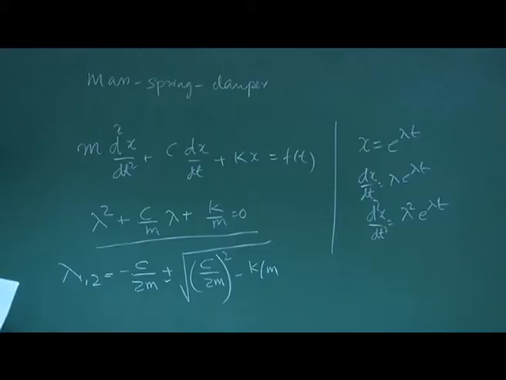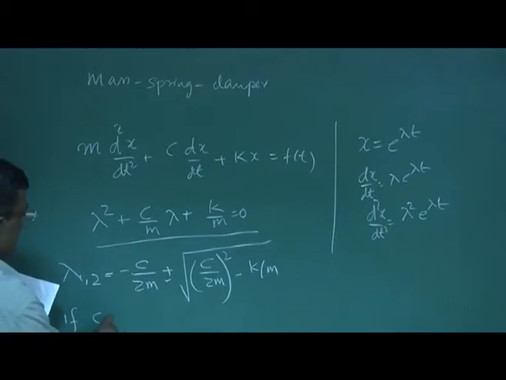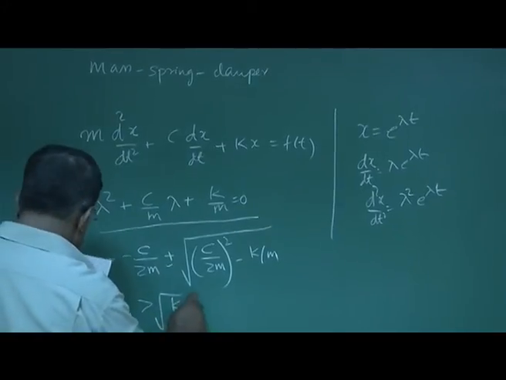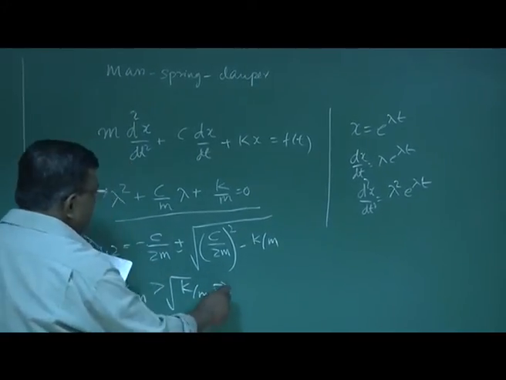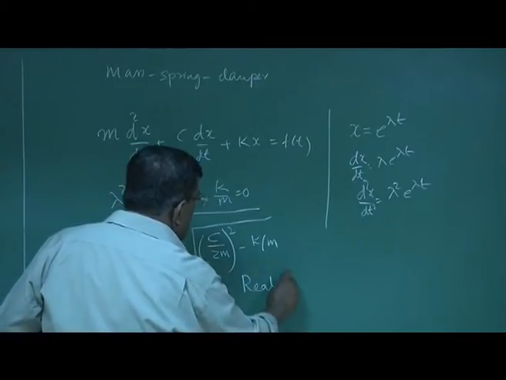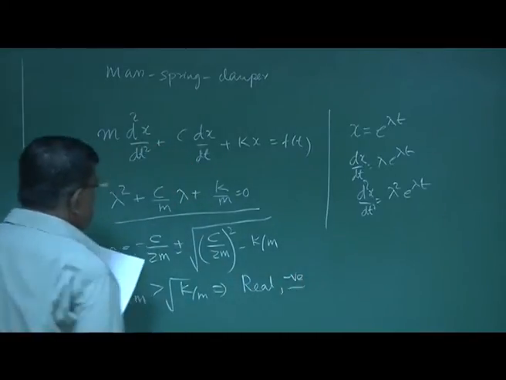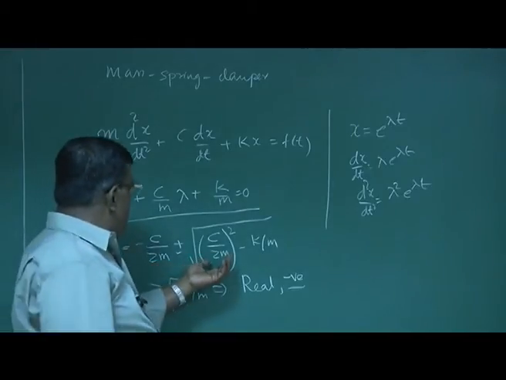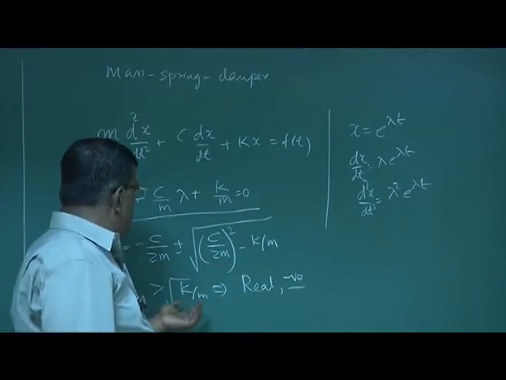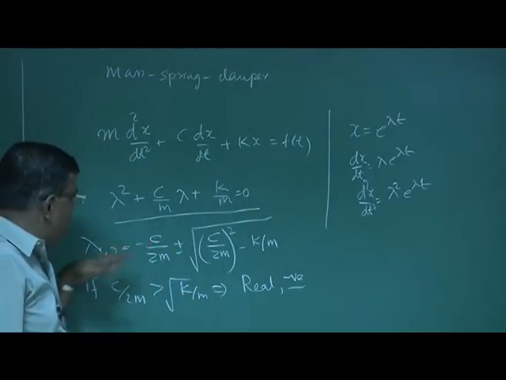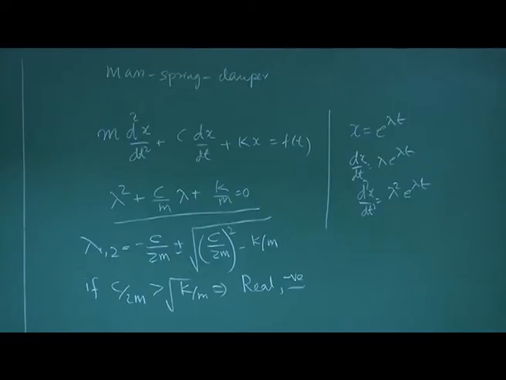You also know that if c by 2m is greater than under root k by m, then the roots will be real and negative. This is clear? If c by 2m is greater than under root k by m, then the roots lambda 1, lambda 2 will be real and negative.